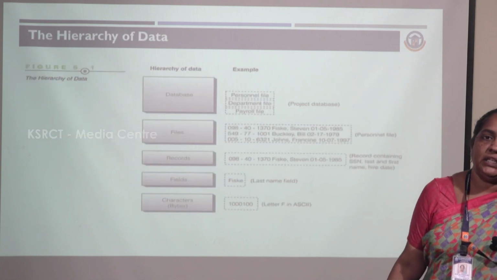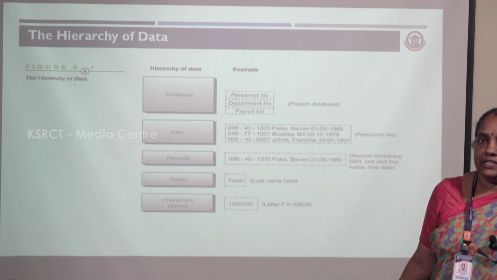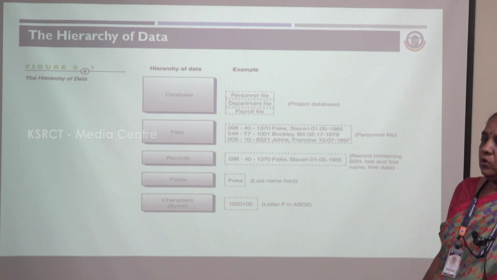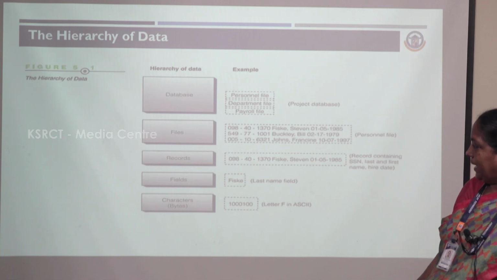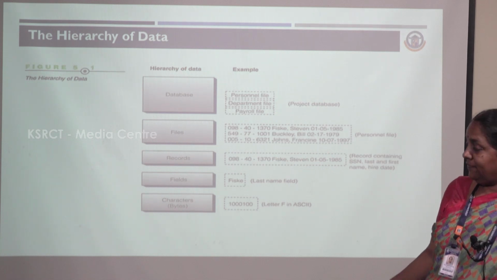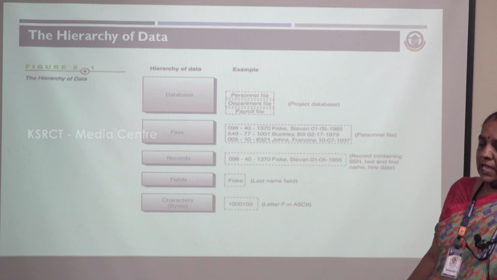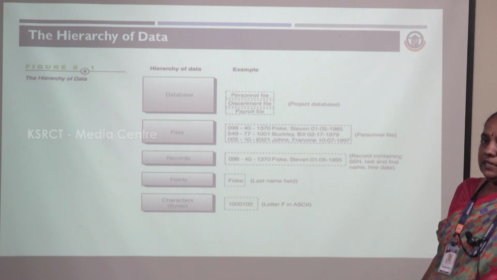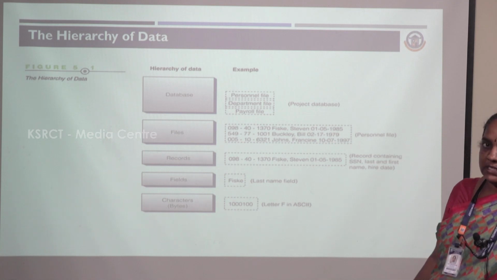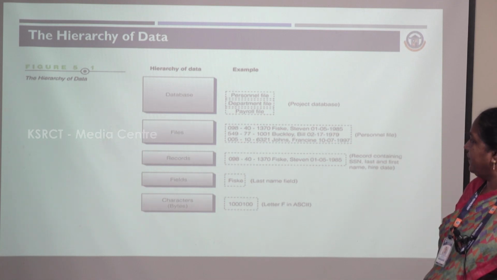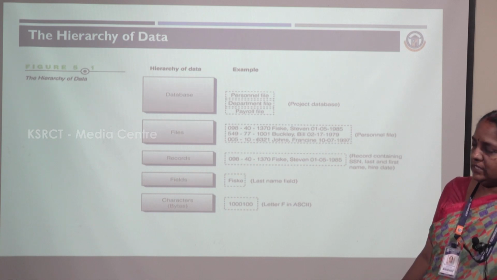These are the hierarchy of your data, which is something common that all of us know. A computer system starts its storage with a character or bytes, and from bytes you move on to fields. A collection of fields we represent as records, a collection of records as files, and a collection of files as a database.